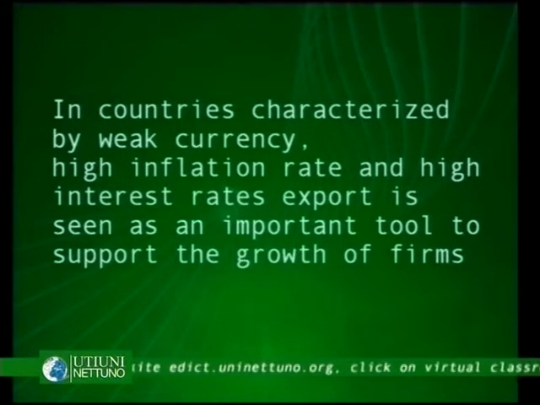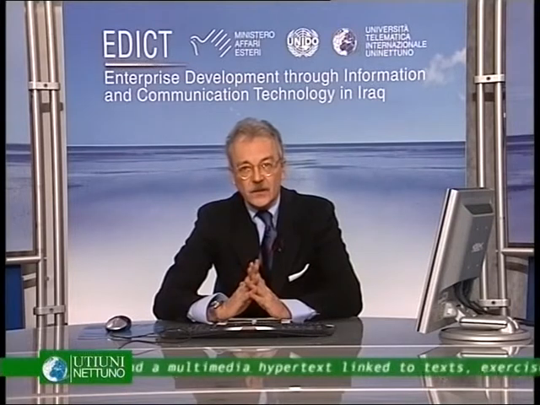Now, we are talking about a country which is characterized by a weak currency, a high inflation rate, and a high interest rate. Export is seen as an important tool to support the growth of firms. This is the typical situation that existed in Europe before the introduction of the euro. There were countries with a very weak currency, like the Italian lira.